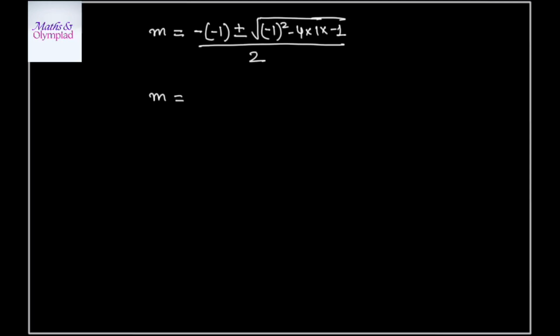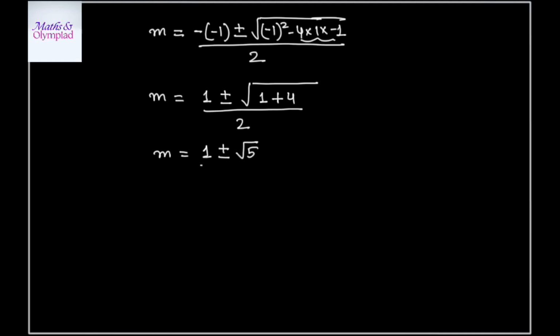m equal to 1 plus minus root of 1 plus 4 over 2. So m equal to 1 plus minus root 5 over 2.